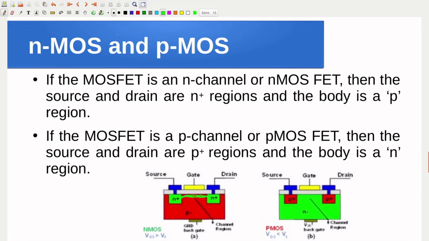In case of PMOS, the substrate is N-type, and on application of the gate voltage, a P channel of holes is formed between source and drain, which could be controlled by the gate voltage and thus control the current between source and drain. The idea is quite simple.